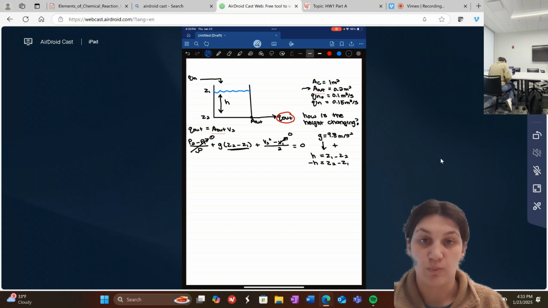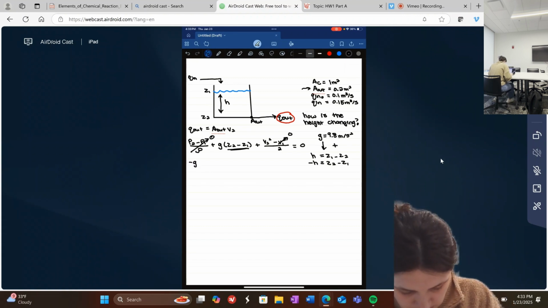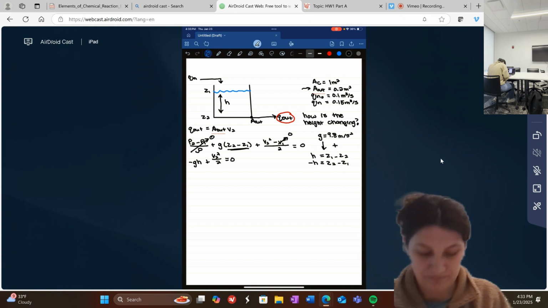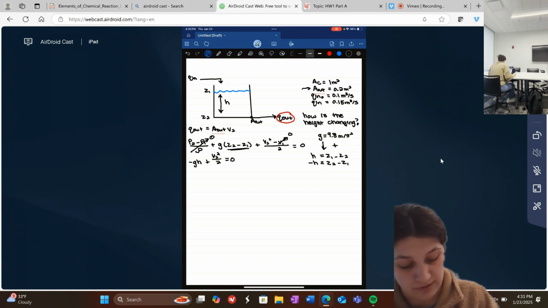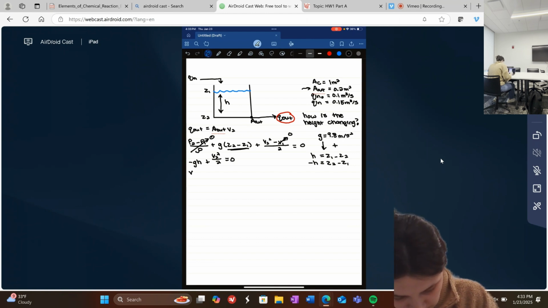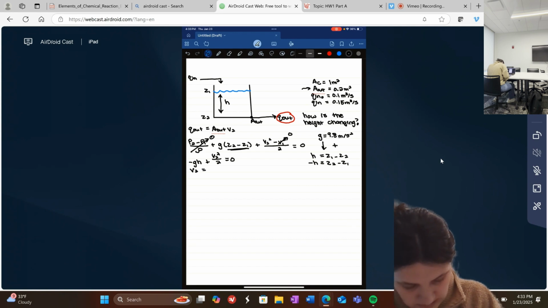So if we were to rewrite this, we would get negative GH plus V2 squared over 2 is equal to 0. And since we're looking for V2, we can just rearrange our variables and solve for that. What we end up with is that V2 is equal to the square root of 2GH.